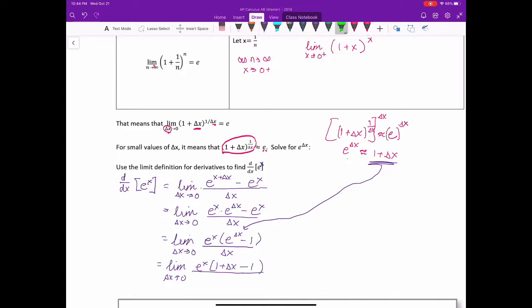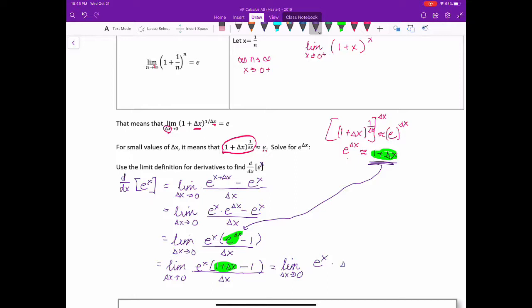Just so you can highlight here, this one is this right here, which is this right here. So I substituted that in, and we get that all over delta x, which is then going to equal the limit. I still haven't applied the limit yet, by the way. Delta x approaches 0 of e to the x times, now the ones cancel out.